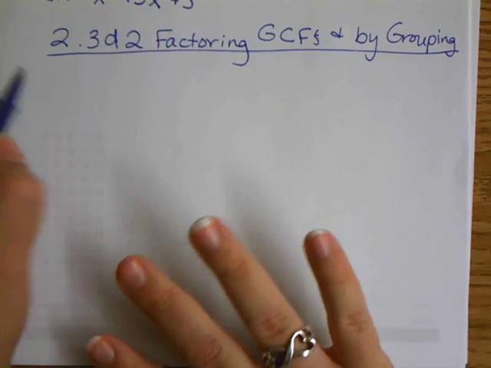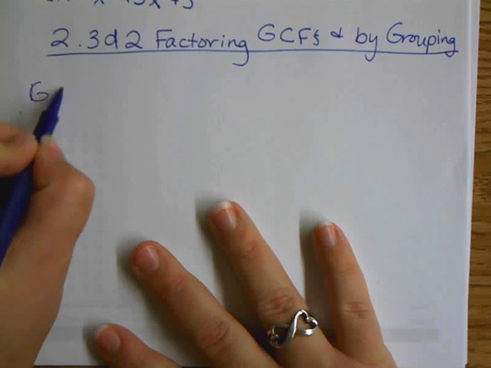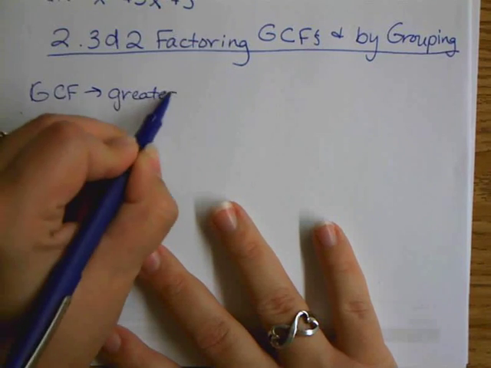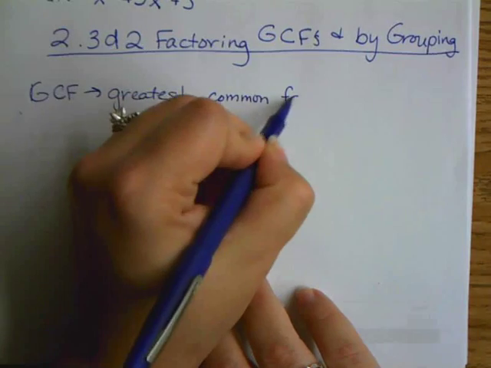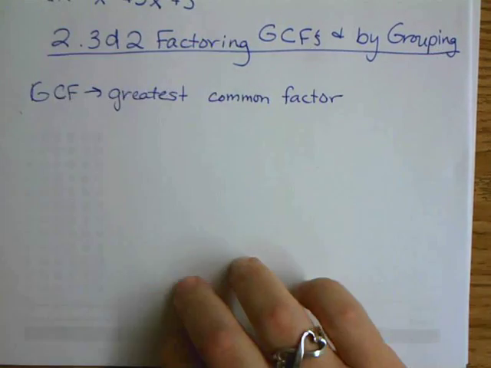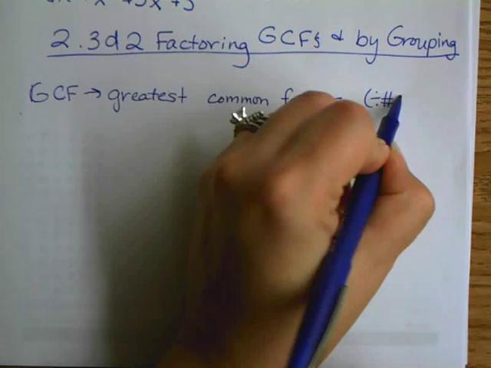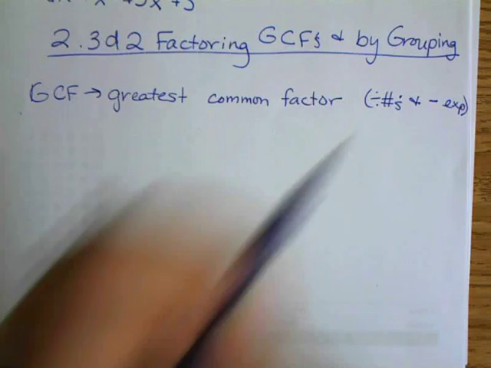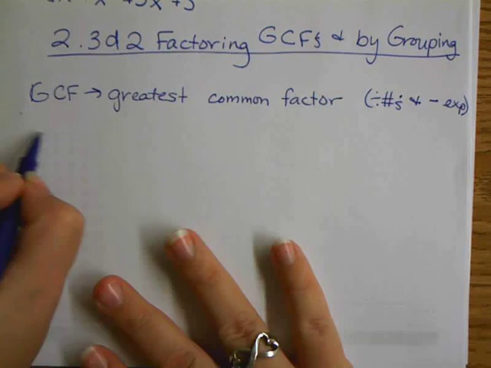Okay, so factoring, first of all, GCF stands for greatest common factor. So you divide your numbers and subtract your exponents. And that will make more sense in just a minute. Divide your numbers and subtract your exponents.